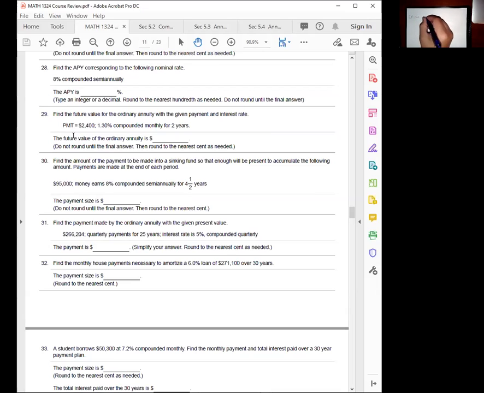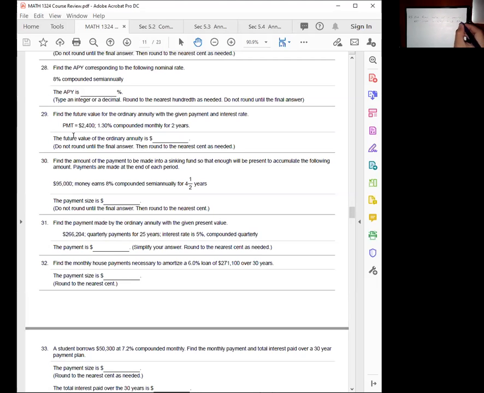Find future value of an annuity type question. Payment amount is 2,400. Interest rate is 1.30, so 0.013. Compounded monthly, so M is 12.